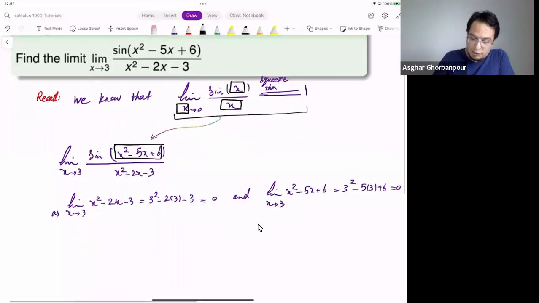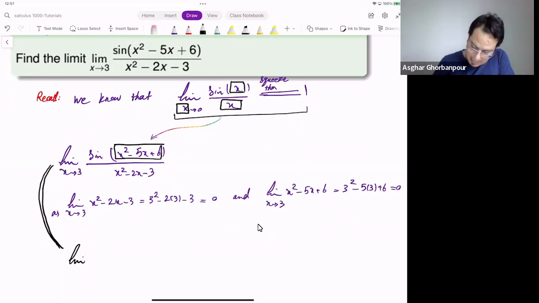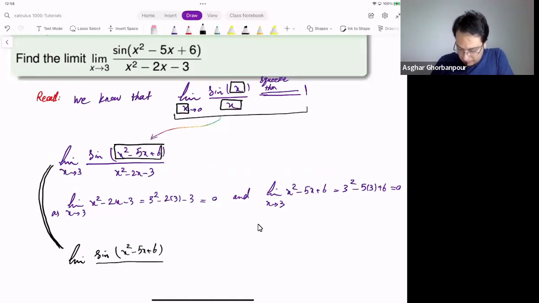So I try to generate the box in the denominator.